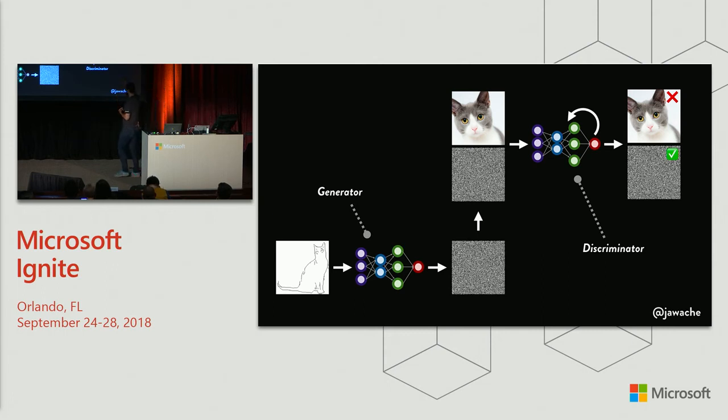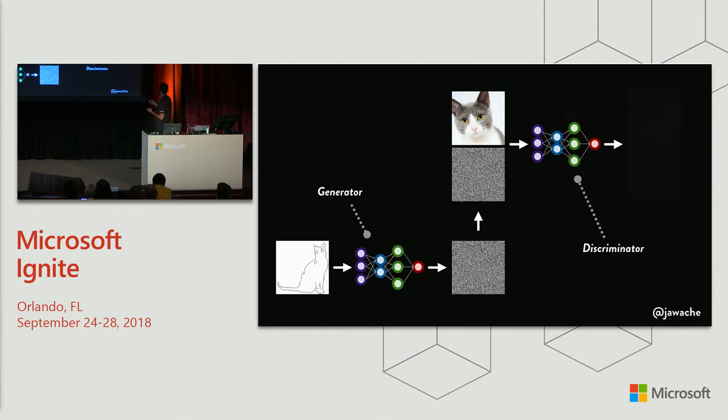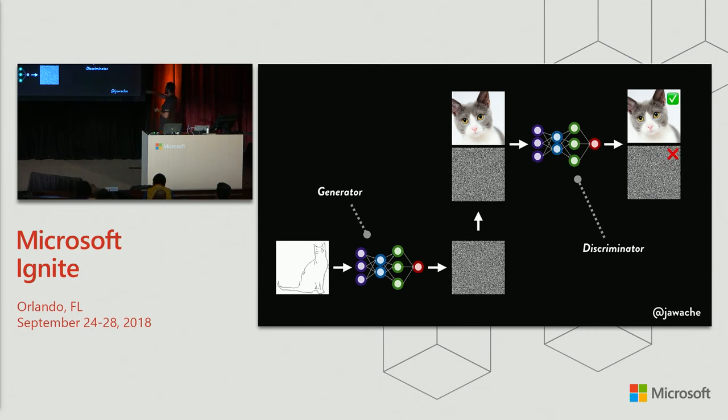Backpropagation is how you tweak the biases of this neural network so next time around the discriminator gets better. And conversely, if the discriminator was right here, the generator then needs to backpropagate to get better at generating images.